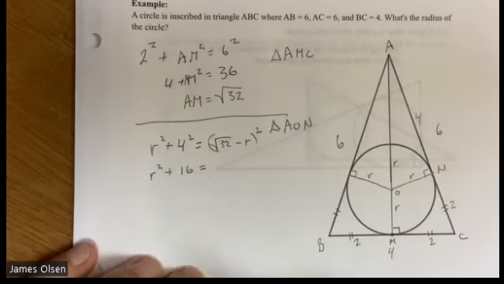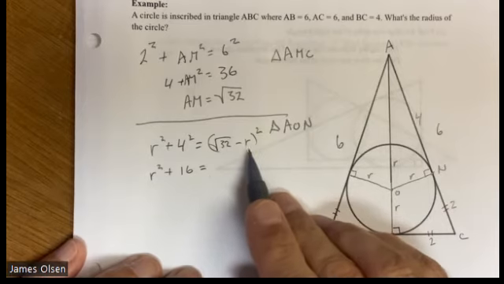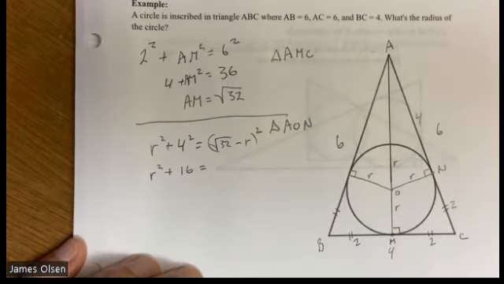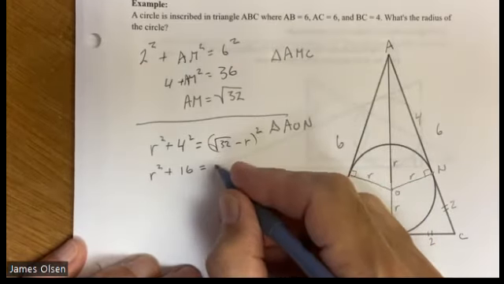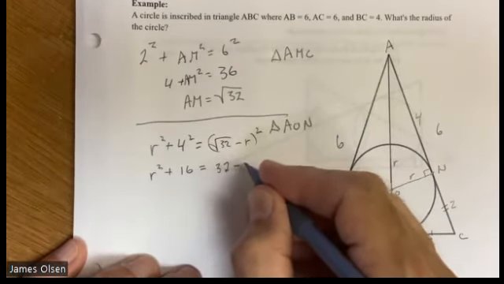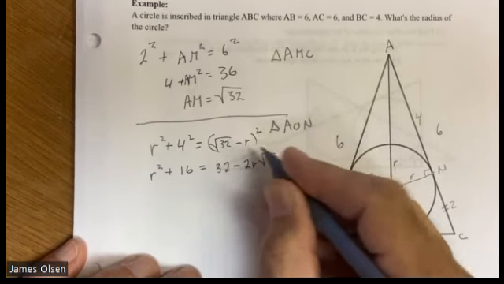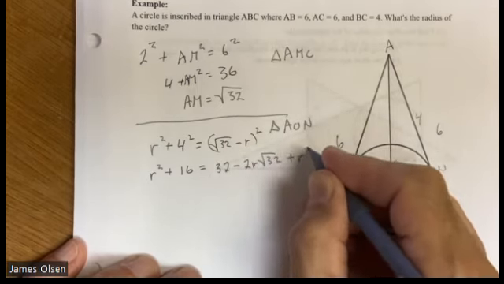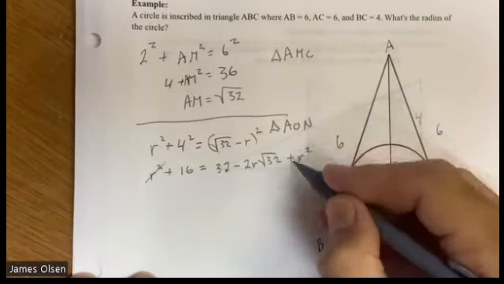On this right-hand side, when you have two terms in parentheses and you're squaring it, you need to have a good method for doing that, whatever your method is. What I like to do is square the first term, double the product, and square the second term. A negative R squared is going to be positive R squared. This is nice because the R squareds cancel out.